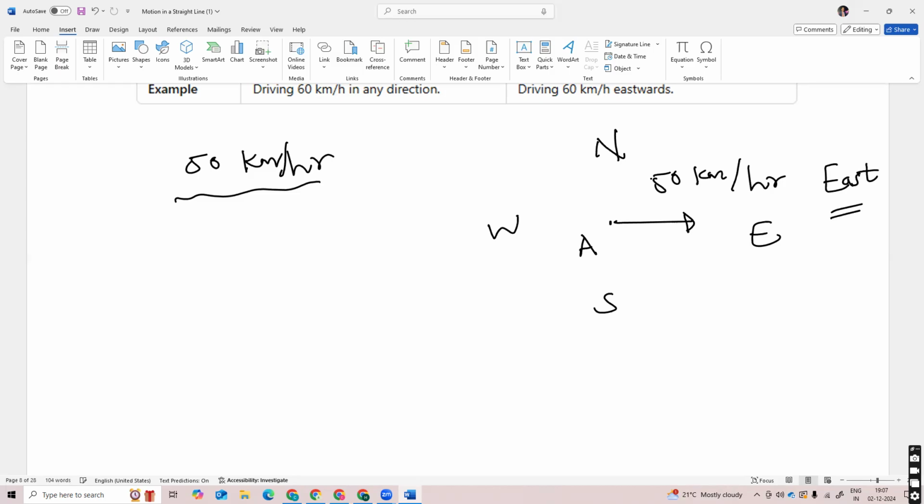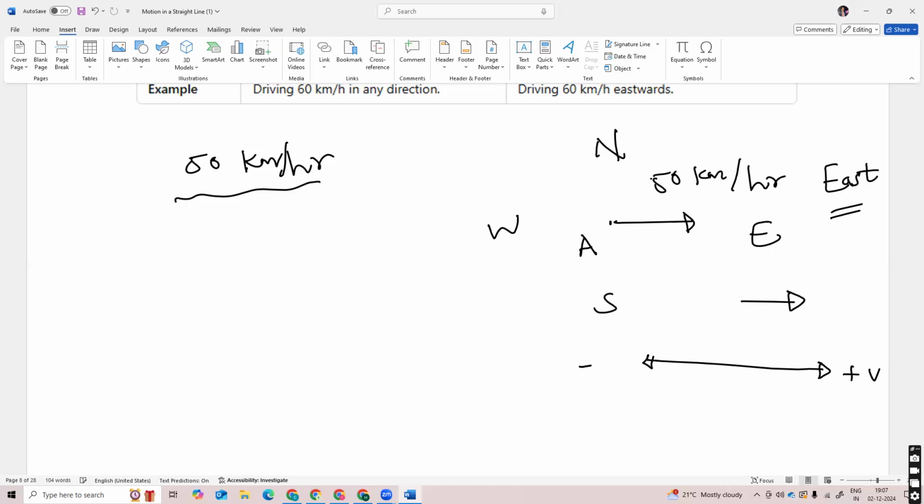When you fix the coordinate axis, you decide this as the positive direction and this as the negative direction. If you say velocity is 50 kilometer per hour, then of course it is in this direction.